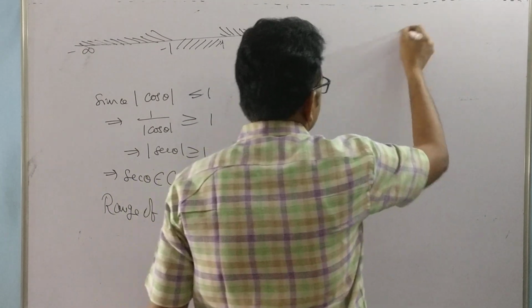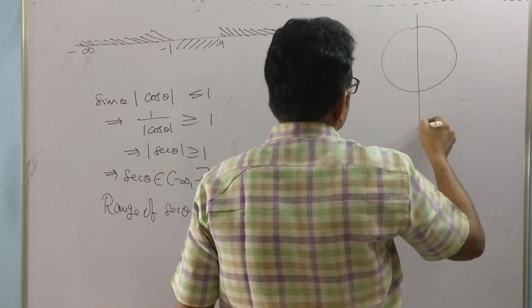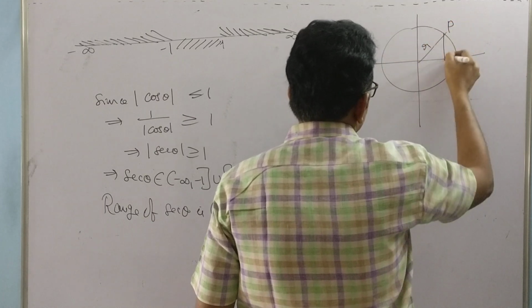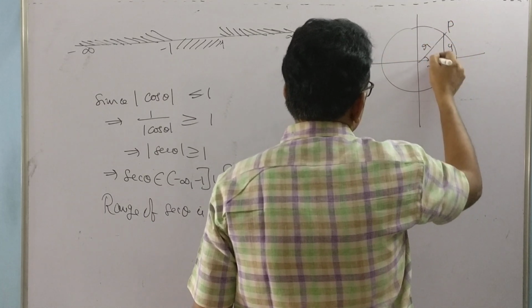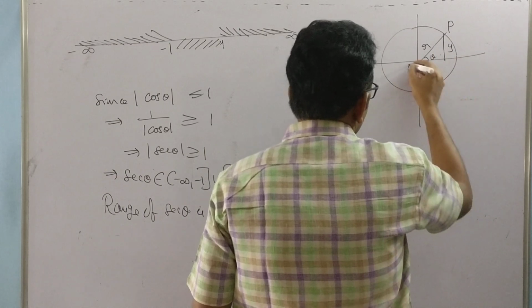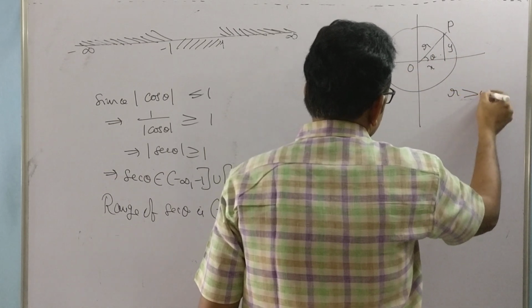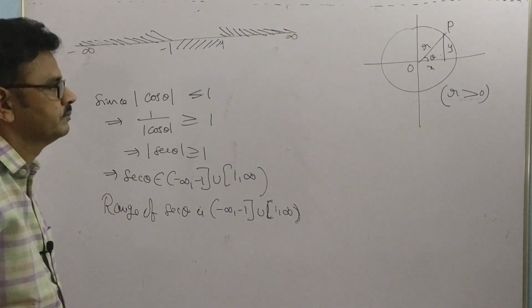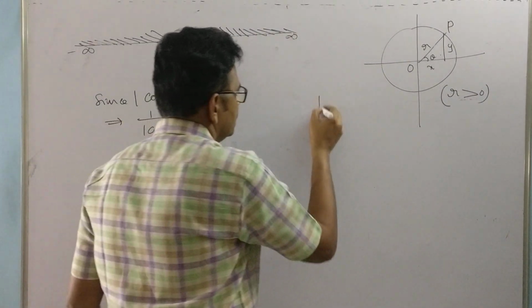And once again we come back to this point. This is P, this is R, this is Y, X, and this is theta. R is always positive, R is greater than 0 always. Now what about tan theta?